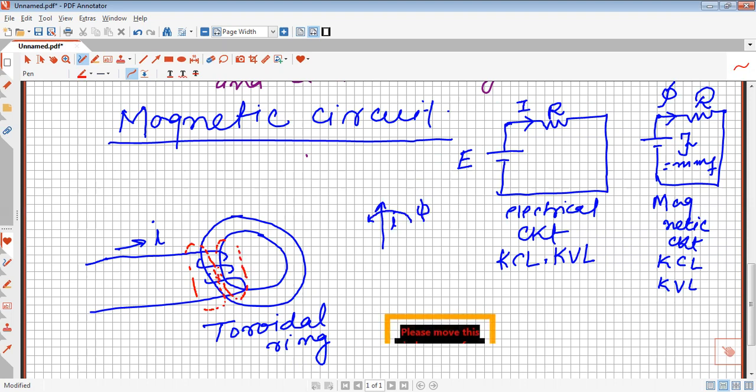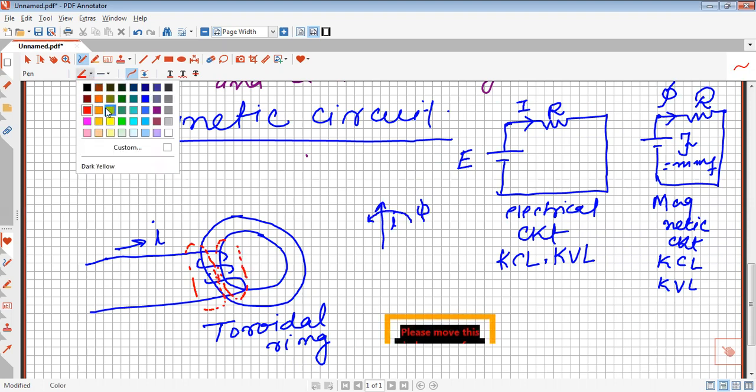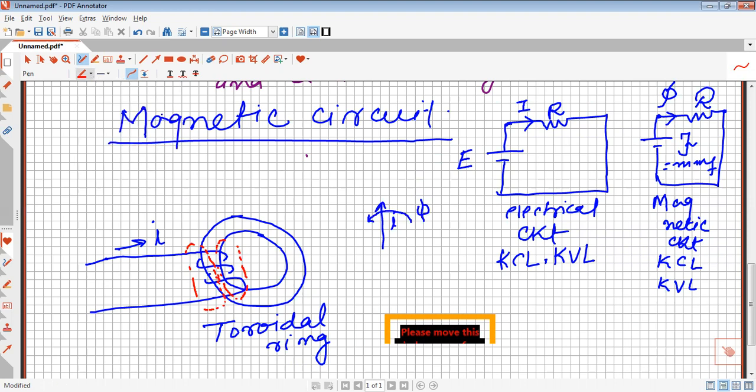And a flux that goes inside the material, I'm just writing here that this flux is going inside the material, and this path is called the mean flux path, which is going inside the material.